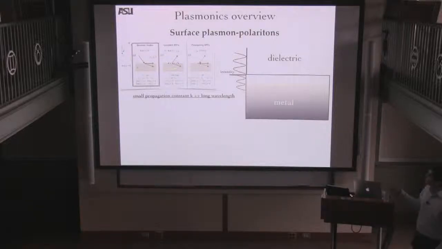If you look at a very simple flat interface between a non-dispersive dielectric on the top and some dispersive dielectric on the bottom, with epsilon depending on frequency, that could be metal, for example, I can solve Maxwell's equations and find that there are several modes associated with this structure.